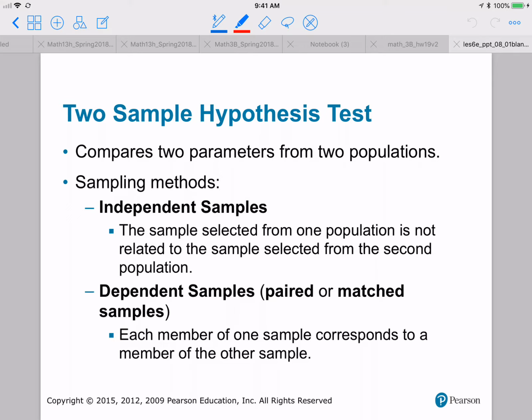So for example, a classic case of dependent samples would be before and after. So for instance, say you collected data in a clinical trial, and you have blood pressure readings of 1,000 people before they take this experimental drug, and then you test them a month later after they've been taking the drug, and you have the same people, right?